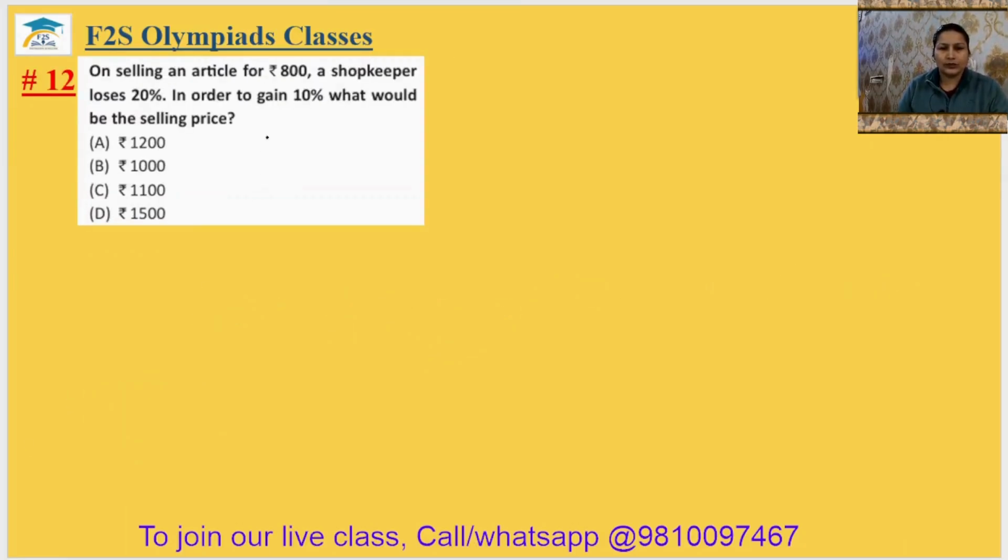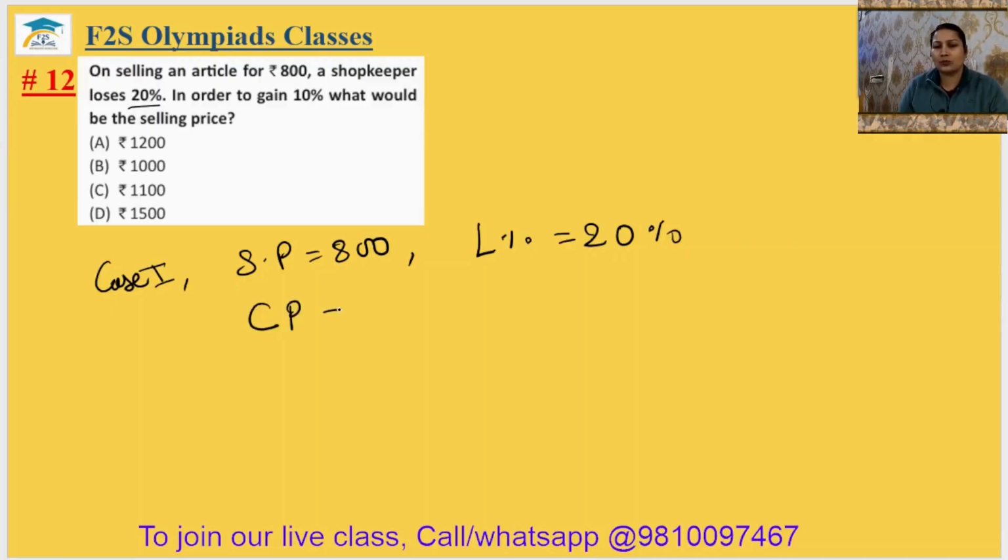Question number 12. On selling an article for rupees 800, a shopkeeper loses 20%. In order to gain 10%, what would be the selling price? So in case 1, the selling price is given, that is 800, and loss percent is given, that is 20%. So we can find the cost price considering this data.